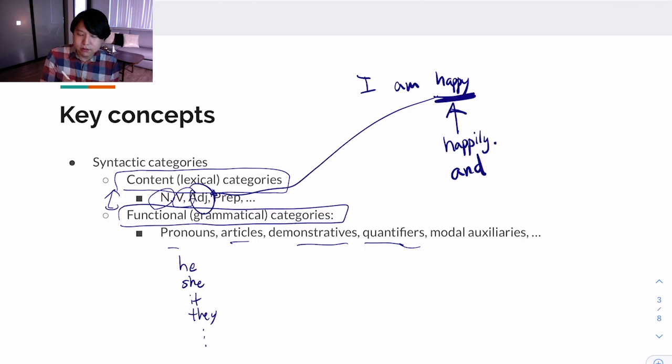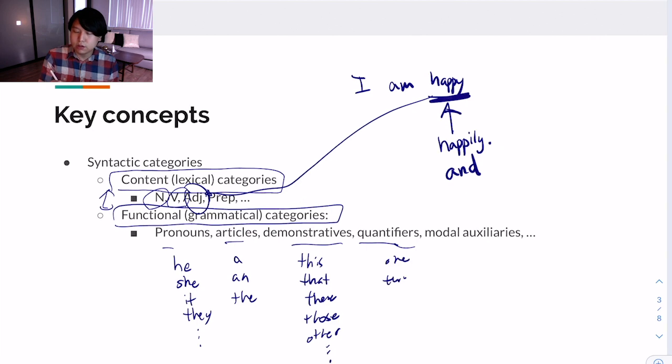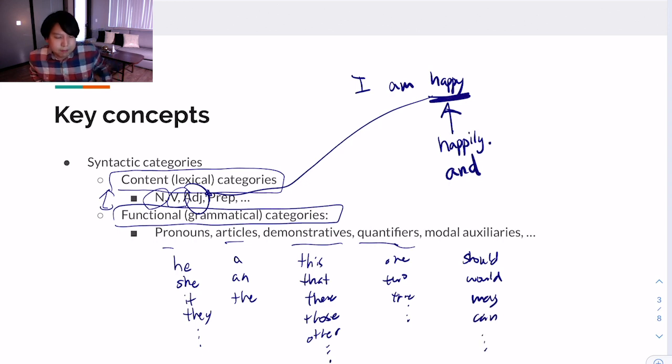Articles: a, an, the. Demonstrative: this, that, these, those, other. Quantifiers: one, two, three. Modal auxiliary: should, would, may, can, those kind of words. They all serve some grammatical function within a sentence, and they do not have some semantic meaning in it. So that's why they're grouped as a functional category.